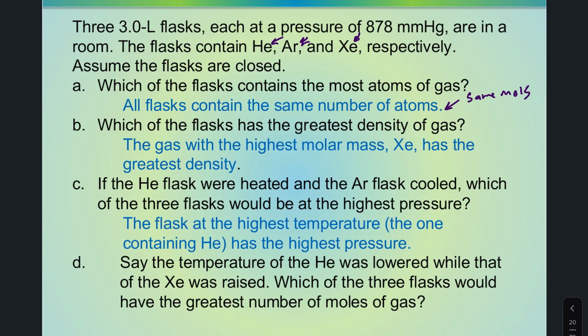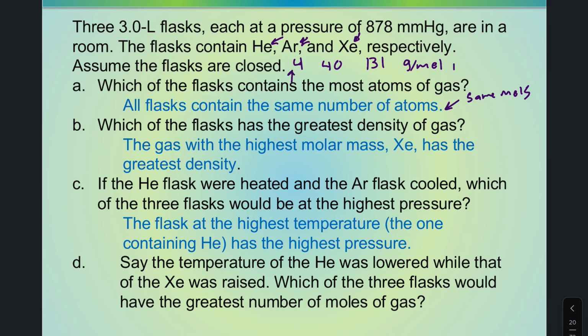We take a look at the periodic table. We have helium at 4, argon at 40, and xenon at 131. These are in grams per mole, which means that if we have the same number of moles, then we have 1 mole each.